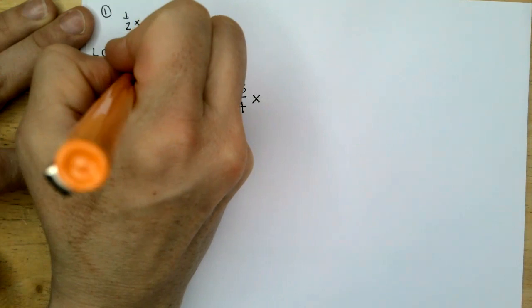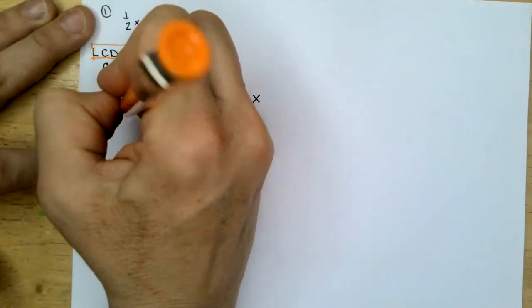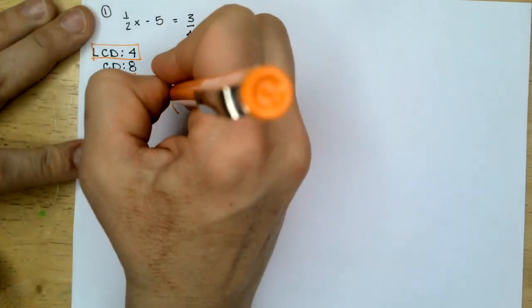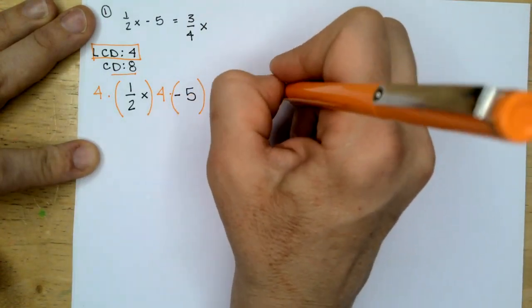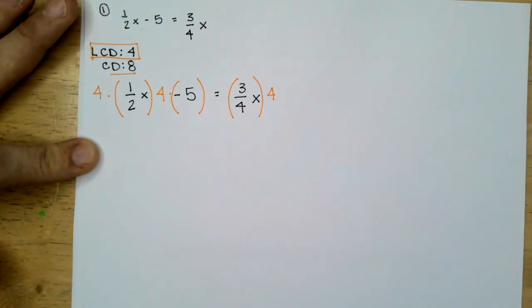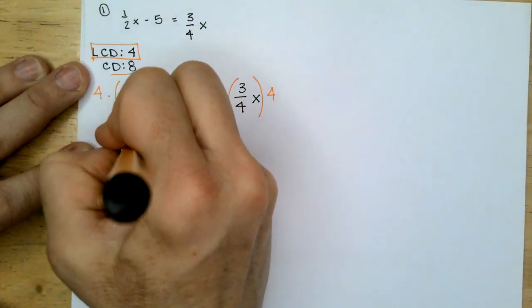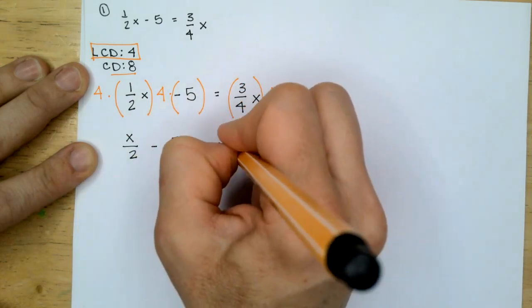My least common denominator is 4. So I'm going to take that 1/2 x and multiply it by 4. I'm going to take -5 and multiply it by 4. And I'm going to take 3/4 x and multiply it by 4. Also remember, it is the same as x over 2 minus 5 equals 3x over 4.